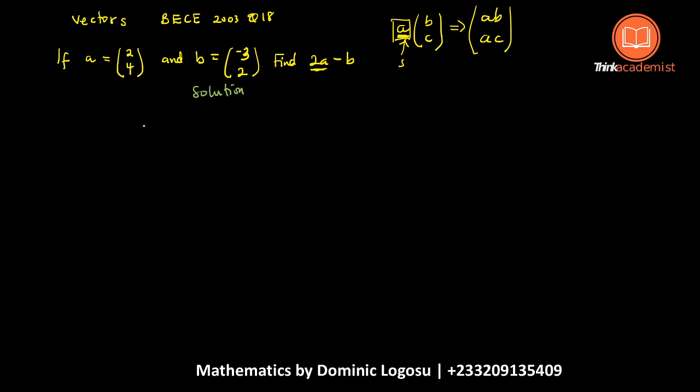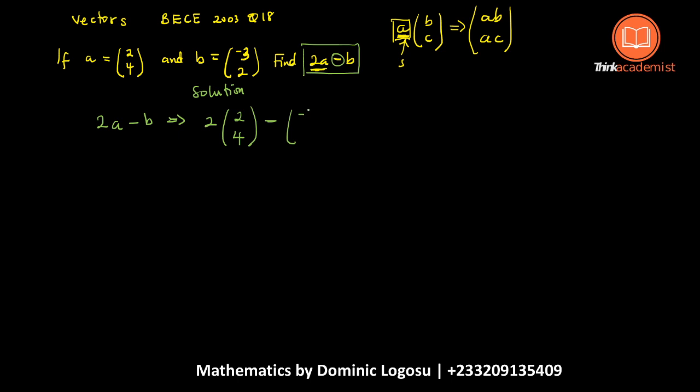So the solution basically will be, we have to write the expression down. So it becomes 2A minus B, which implies 2, which is our scalar, multiplying vector (2, 4), minus, the operation sign here is minus, into brackets (negative 3, 2).